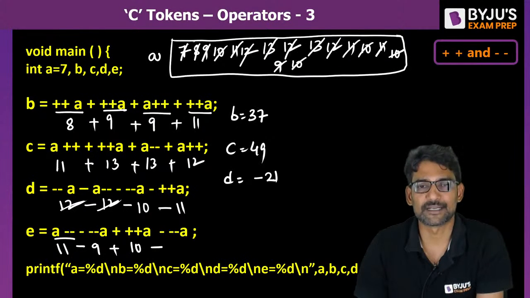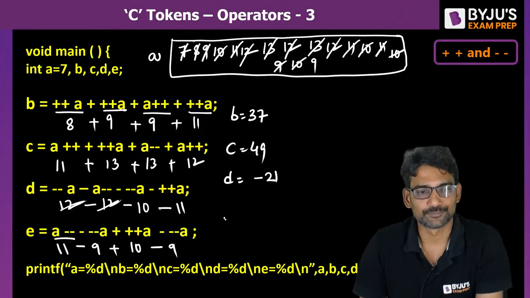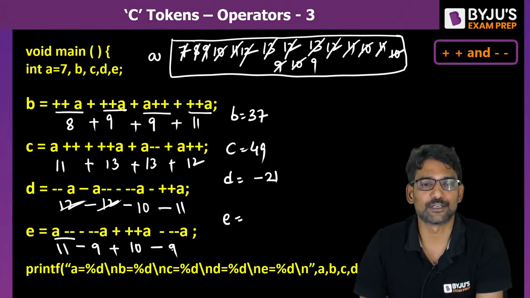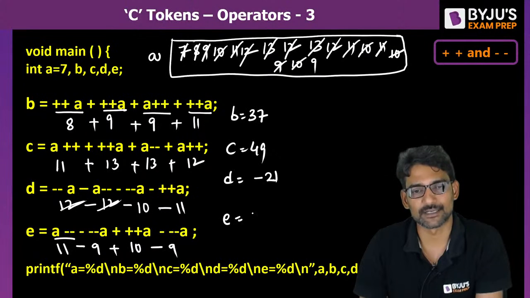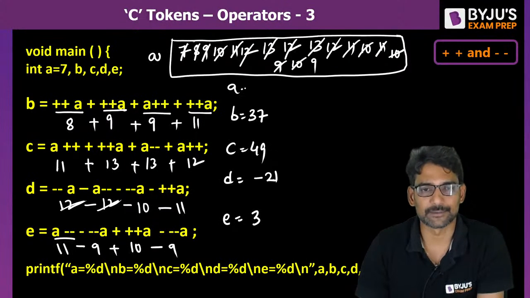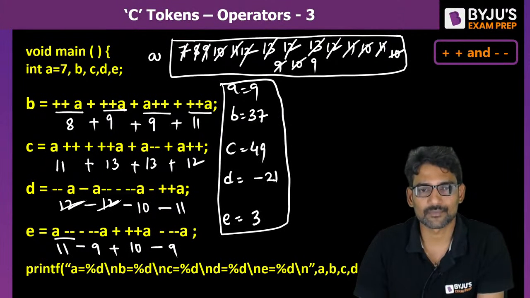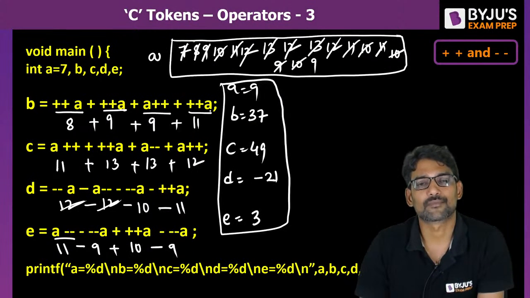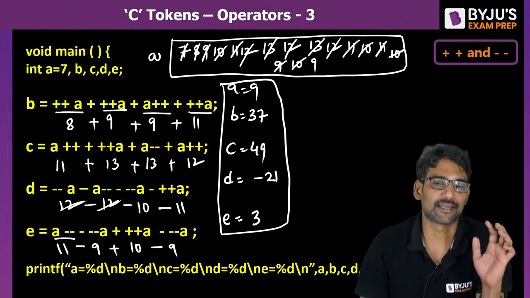Minus A decrement. So E value is 11 minus 9, 2 plus 10, 12 minus 9, 3. And finally A value is 9. So what we got is correct as per the calculation.